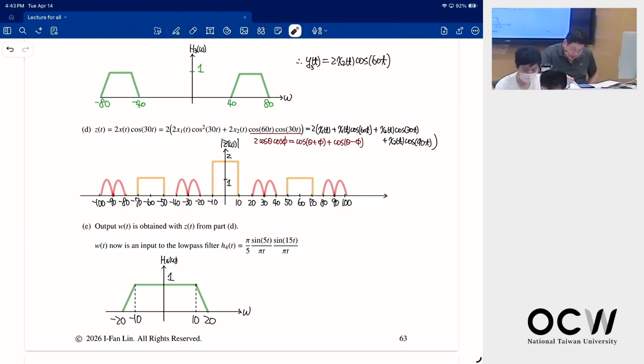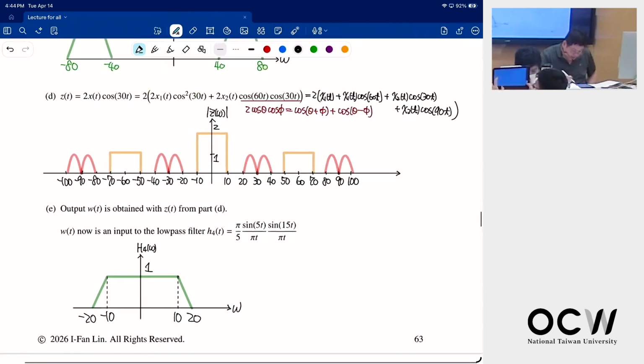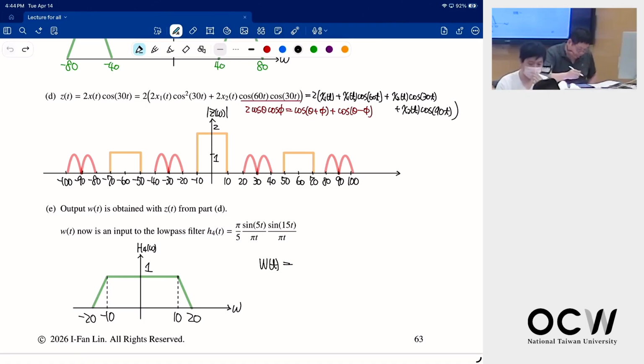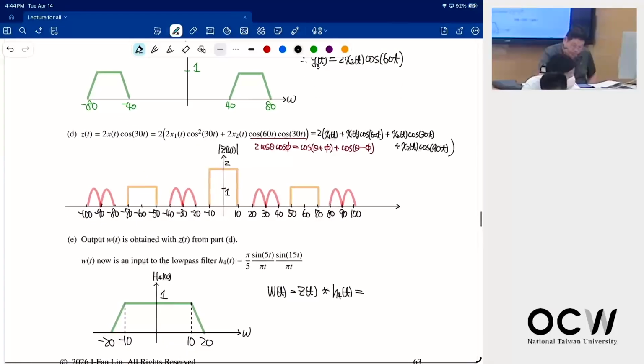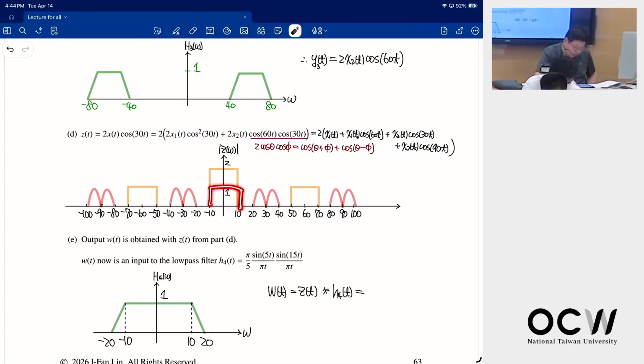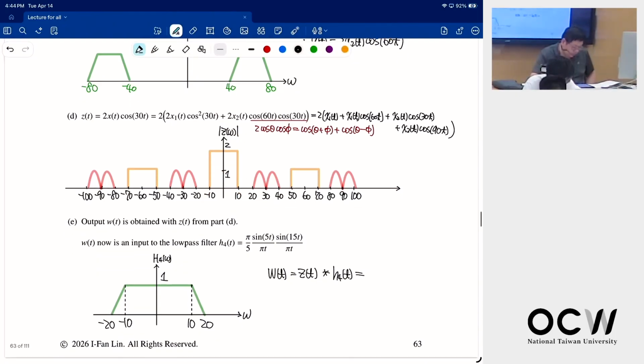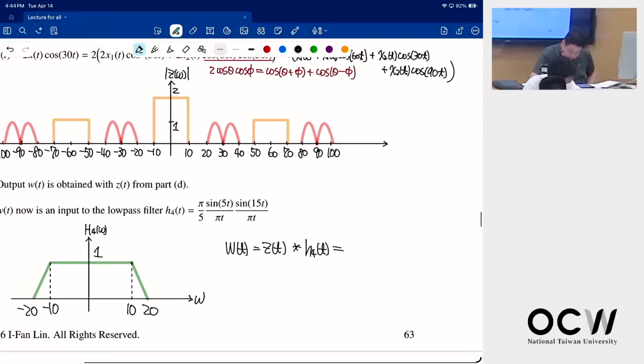So I only preserve this. To preserve this, W(t) is Z(t) convolved with H4, but we will only get this one, which is X1. Okay, this is X1. So using this low pass filter, we get X1.